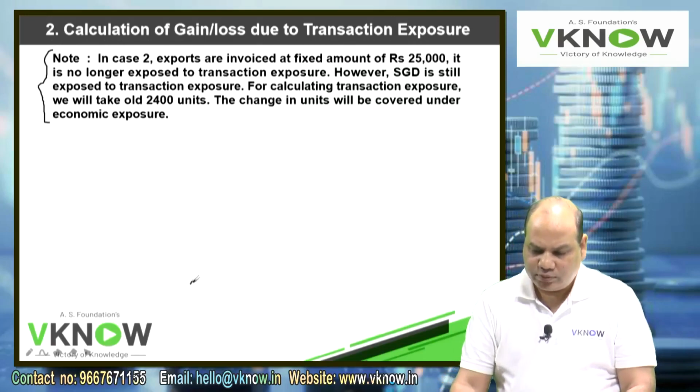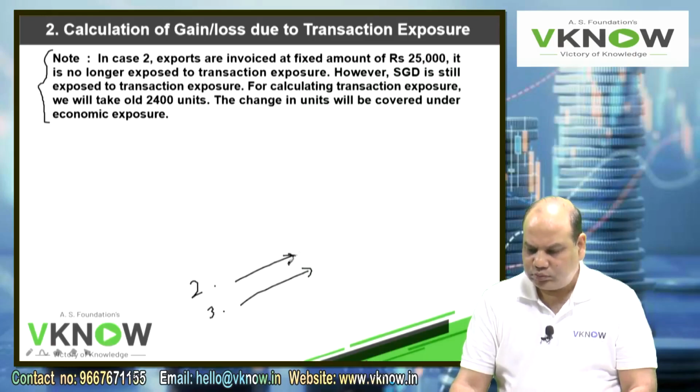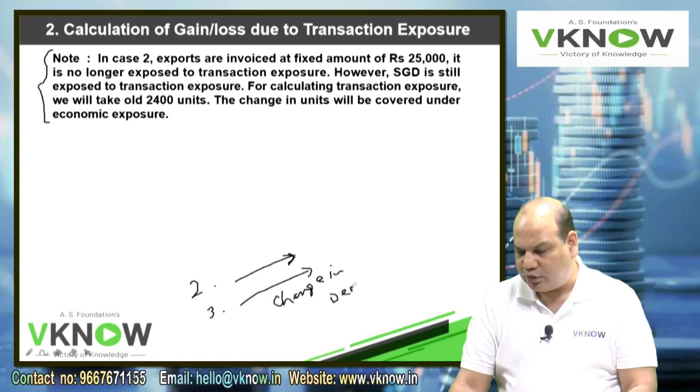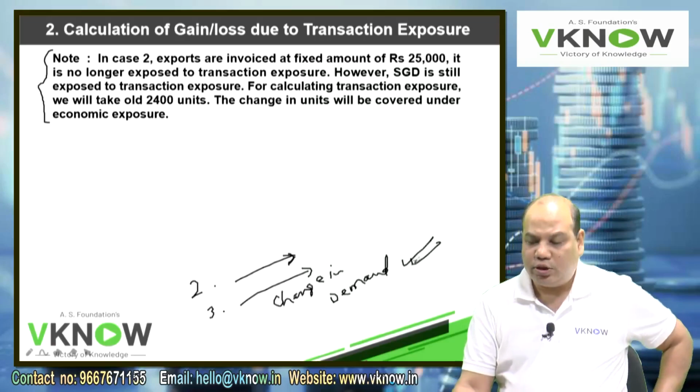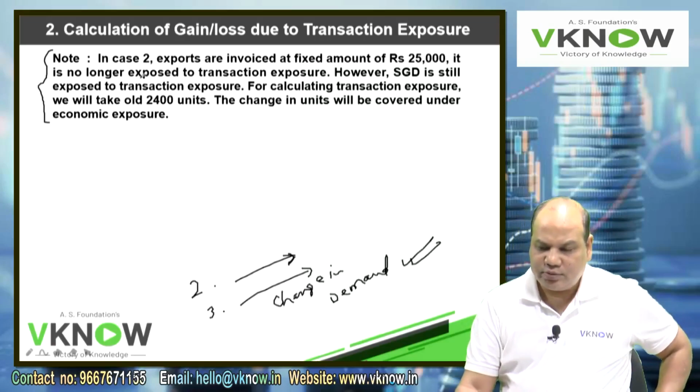Question 2 has 2 parts: transaction exposure and operating exposure. The operating exposure will come because of the change in demand, which I am going to do after this, don't worry. A new calculation you will learn today: change in demand.